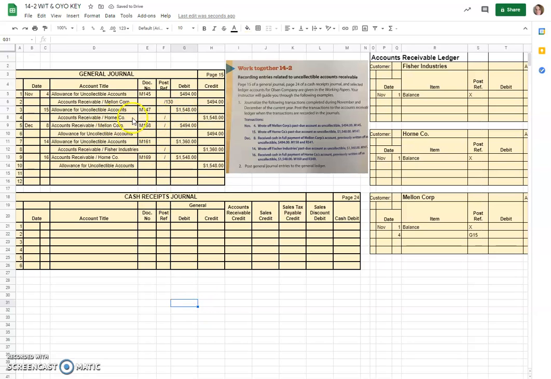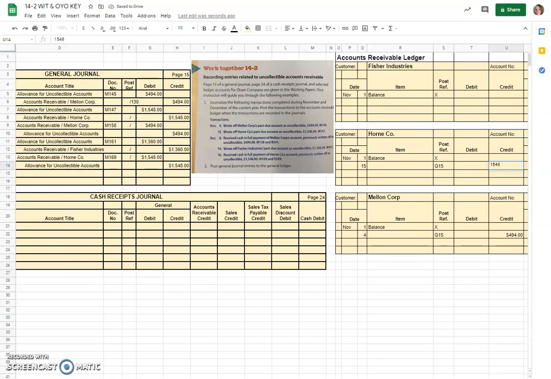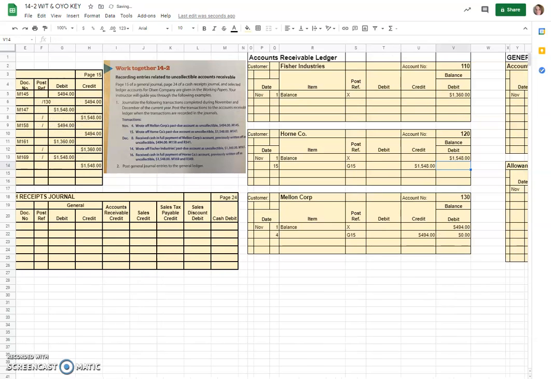Next one was Horn Company on the 15th. And General Journal, page 15. And Horn Company was a credit for $1548. And we'll just tab over. And it would be the debit balance minus this credit.